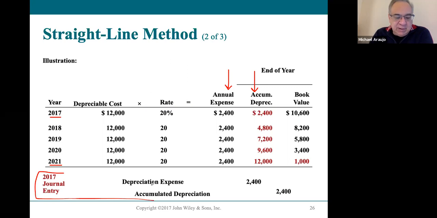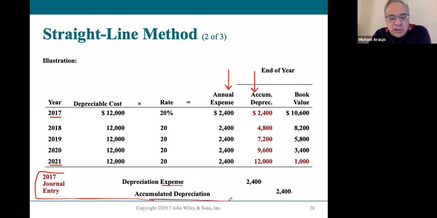You're going to debit depreciation expense for $2,400 for this truck, and you're going to credit accumulated depreciation. Okay. But you should know that depreciation expense accounts are part of the closing process at the end of the year. So expense accounts are going to be zeroed out at the end of the year, through closing.